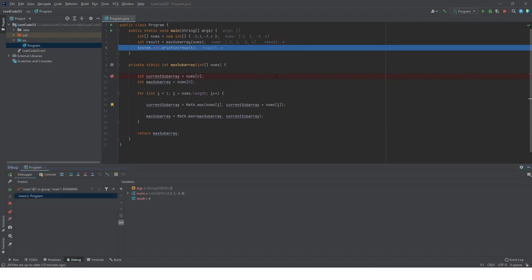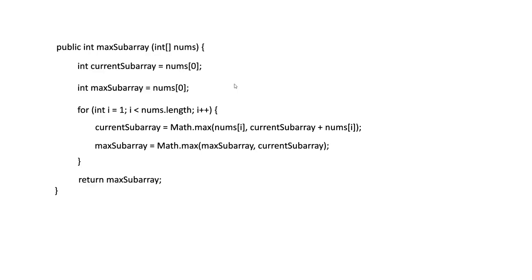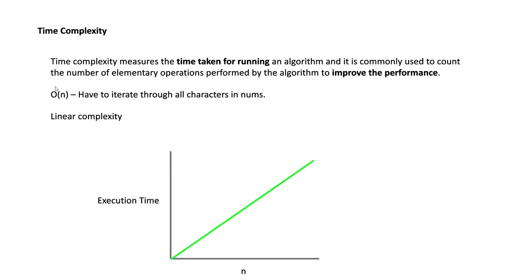The last thing I'll do is go through the space and time complexity. Time complexity is O of n. We have to iterate through all the integers in nums, and if you increase nums, there's more stuff we have to iterate through.